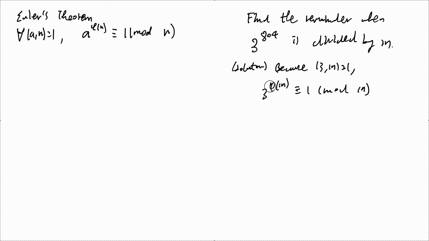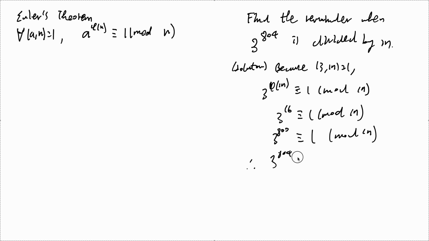And when we calculate this, because 17 is a prime number, it's quite simple. Using the basic properties of modular arithmetic, we know that this is congruent to 1 mod 17.